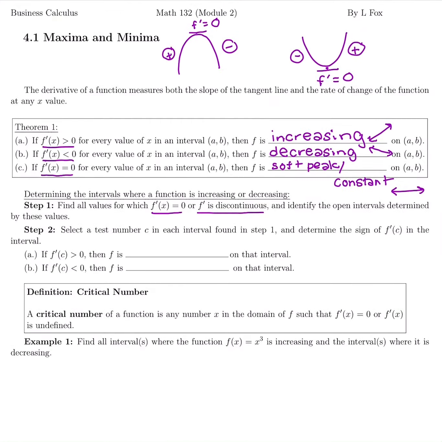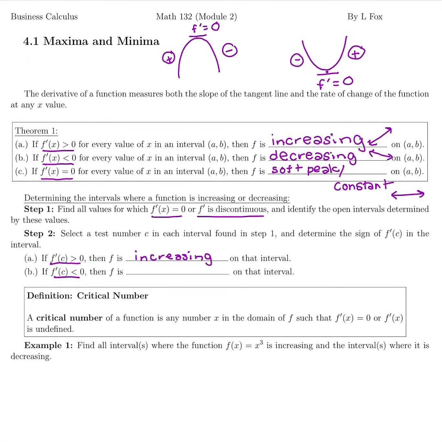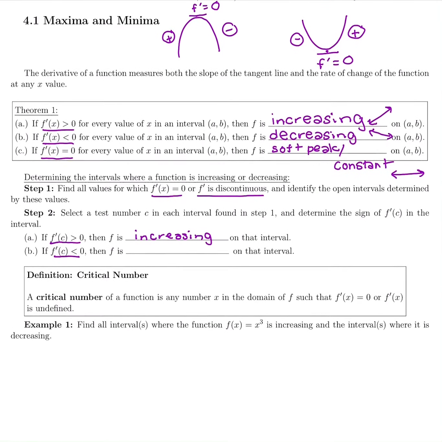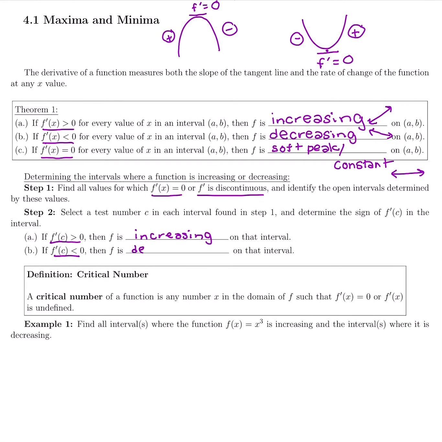If we test some x values on the interval and the derivative is positive, remember the derivative being positive means the function's increasing. It's rising left to right. If we plug into the derivative and we get a negative, the function is decreasing. It's falling left to right.